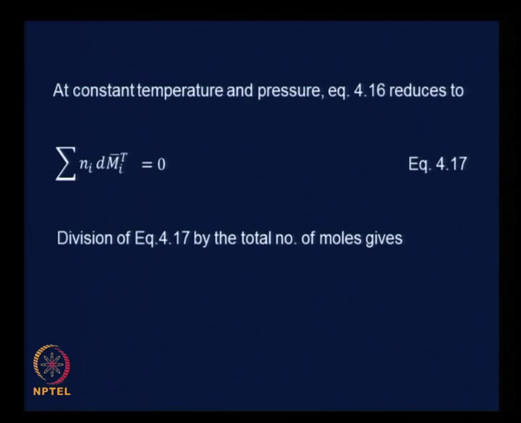Therefore, you get the sum over xᵢ dM̄ᵢ equals 0. This is equation 418. This is quite a powerful equation, as we will see later.